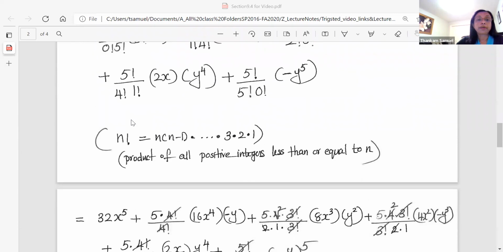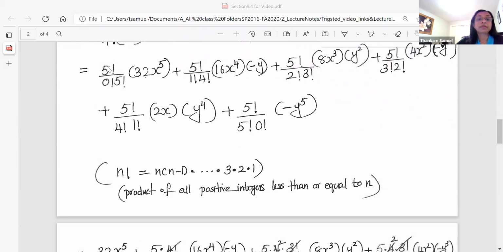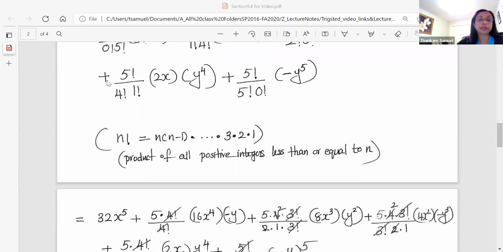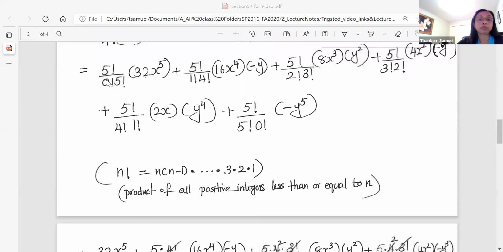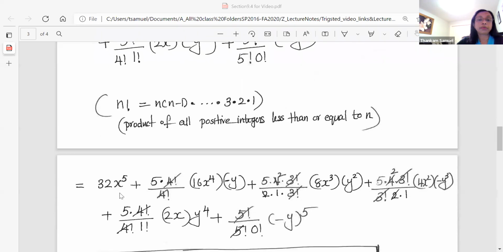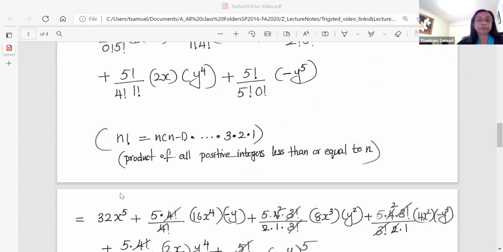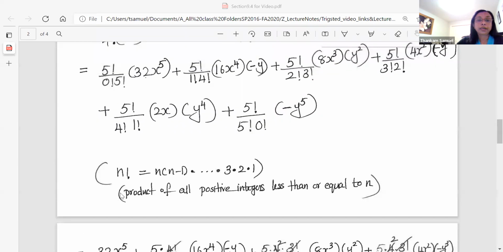So let's evaluate this. You can see that for the first term, the 5 factorial cancels with this 5 factorial. So you have 1 over 0 factorial, and 0 factorial is 1. So the first term becomes 32x to the 5th. Then let's look at the second term.